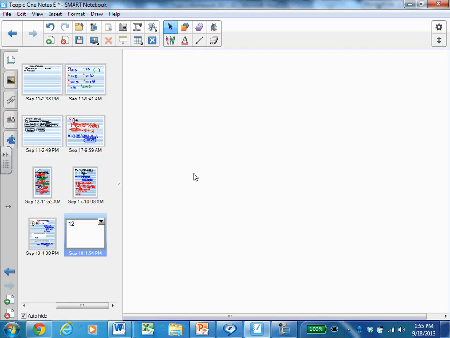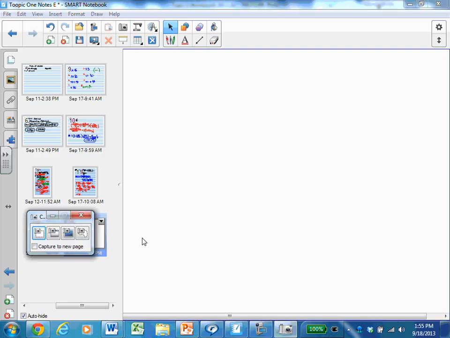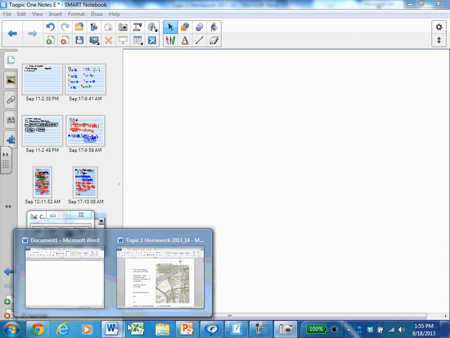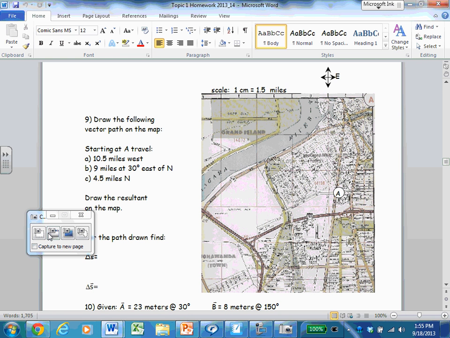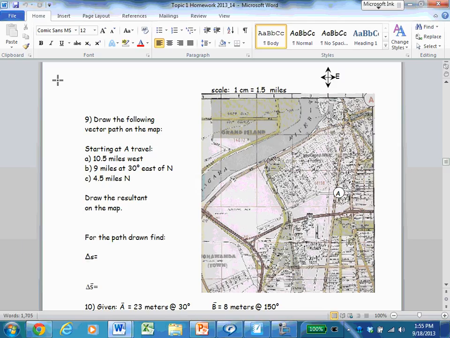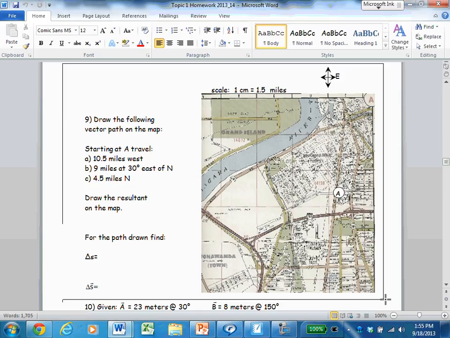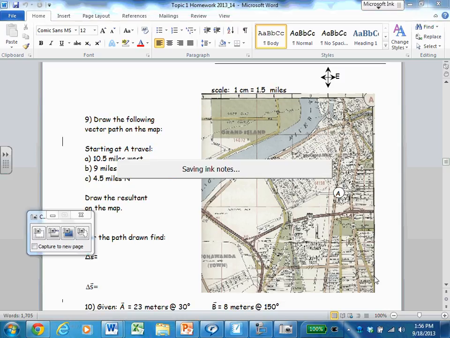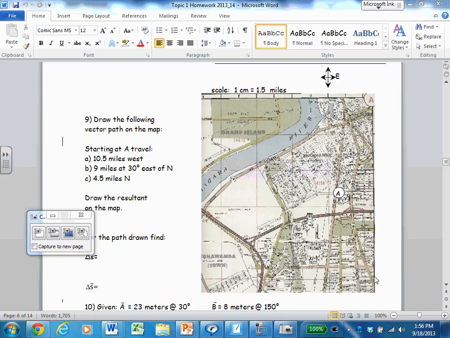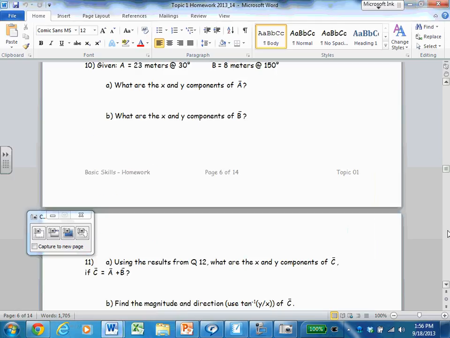Oh, you can't see it because it's not up there yet. Sorry. We are on page 6 of 14, folks.